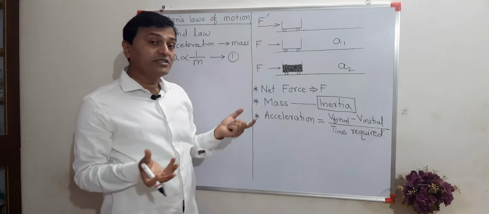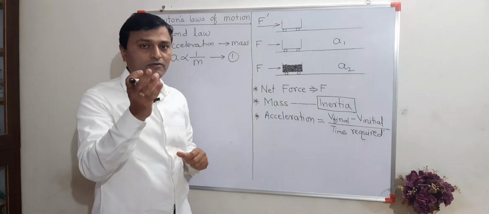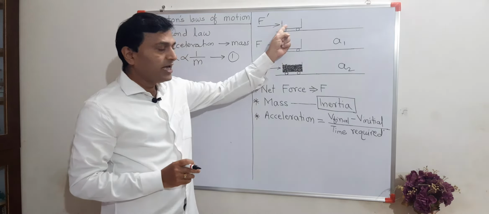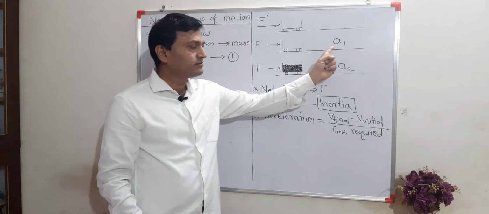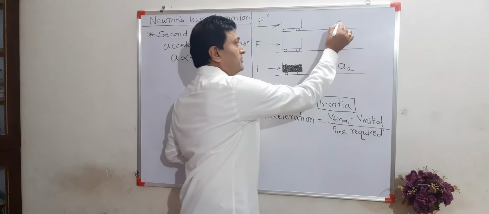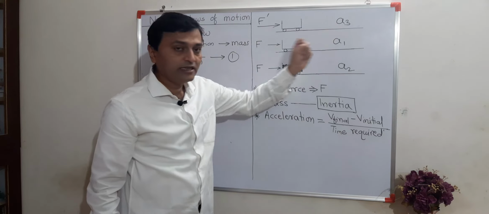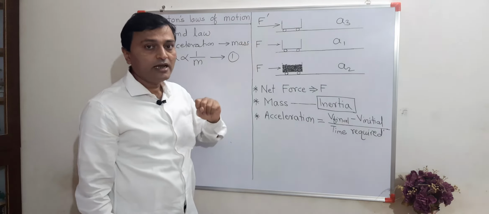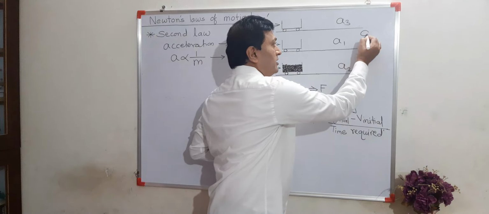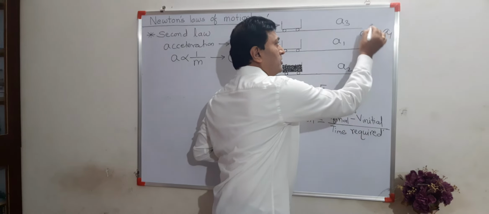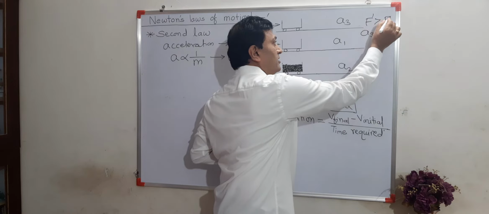If F dash is more than F, then what will you say? It will accelerate more than this one. You can say it is A3. In this case, A3 is greater than A1 because F dash is greater than F.